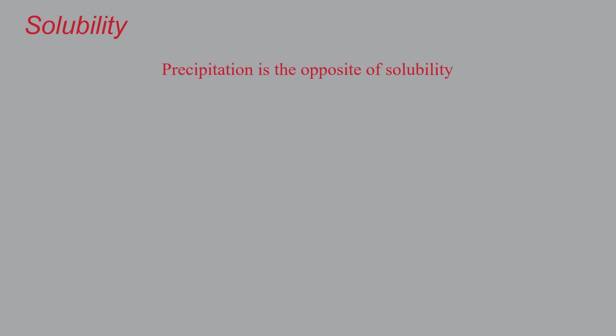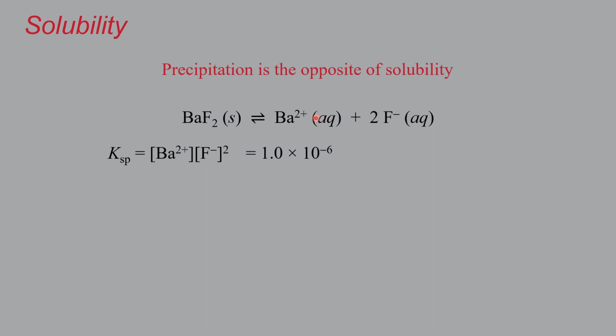Now, home stretch here. Precipitation is the opposite of solubility. So let's look at our barium fluoride system again. The Ksp for this is the barium concentration times the fluoride concentration squared. And in this case, it happens to be equal to 1 times 10 to the negative 6.